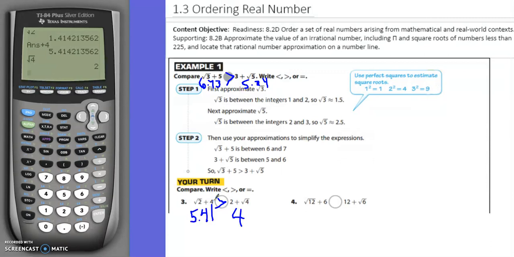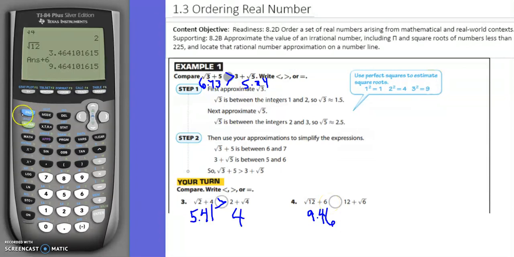Alright, the square root of 12 is going to be 3 and 46 hundredths plus 6 is going to be 9 and 46 hundredths.